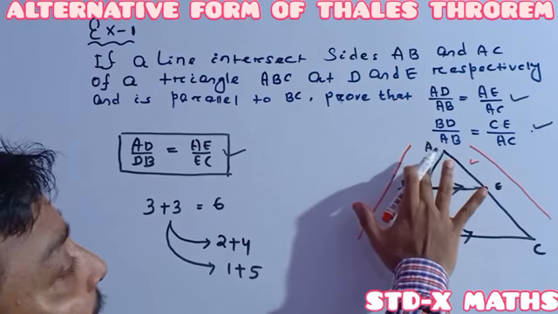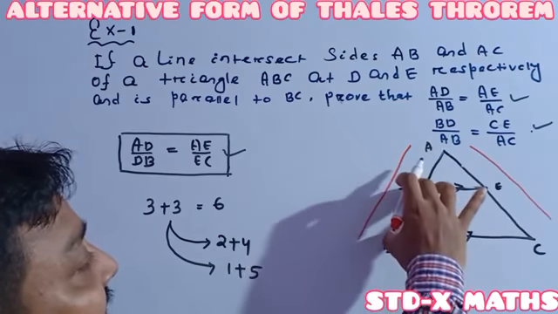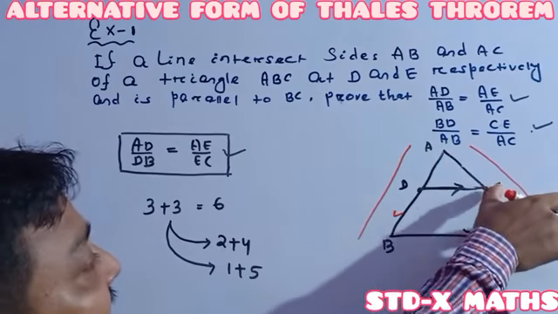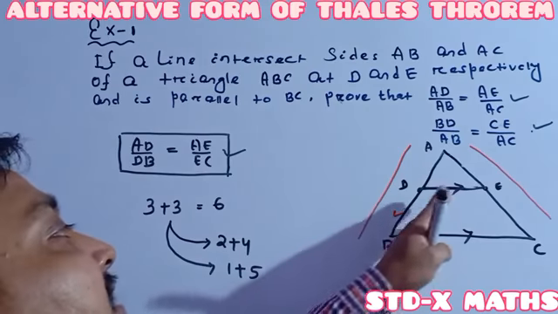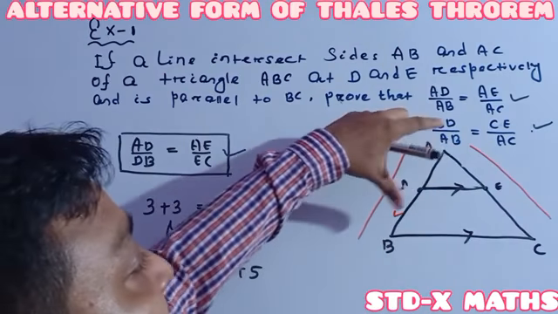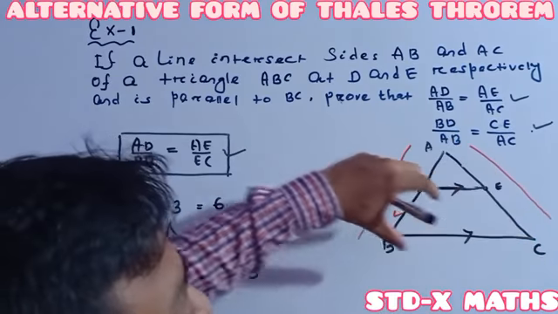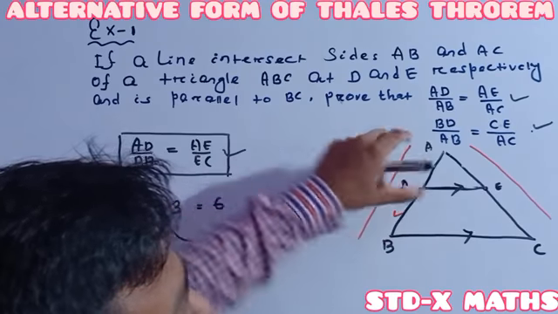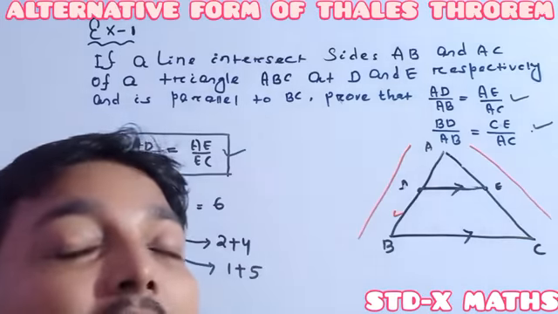Otherwise one can say this little one divided by the total one, this little one divided by the total one. So in both sides of the triangle, this little divided by this greater is equal to this little divided by this greater. All of them have the same meaning.